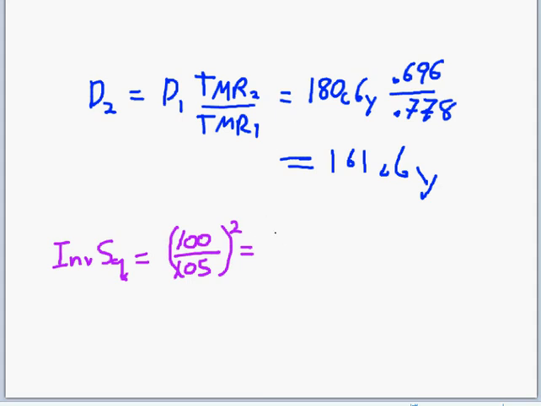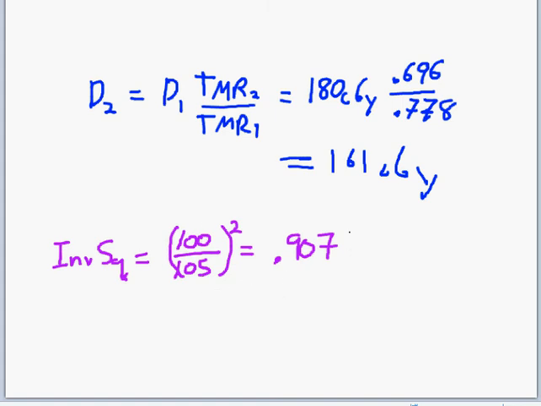I'll just write that here. There you go, 0.907. Again, keep in mind that we expected this to be less than 1, which it is. If we'd gotten an answer that was greater than 1, we'd know we did this backwards.